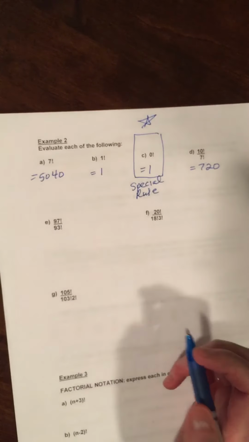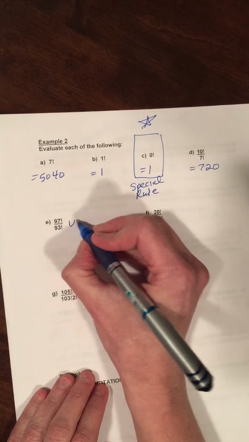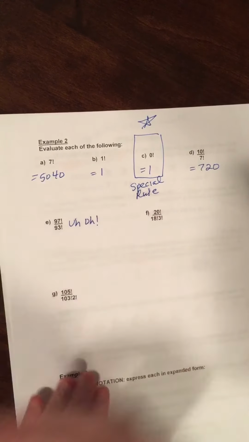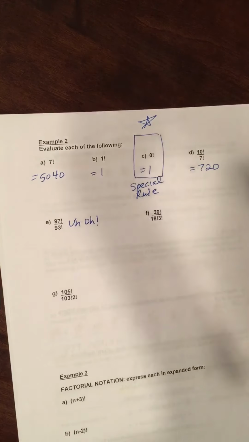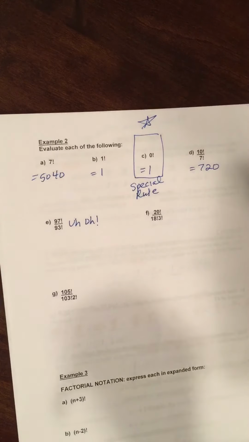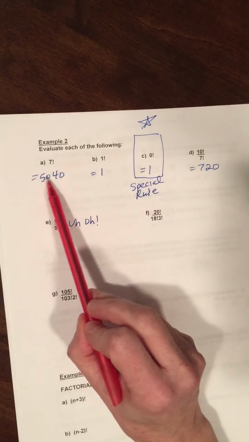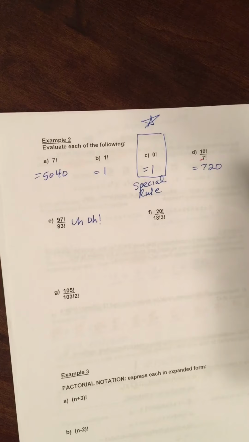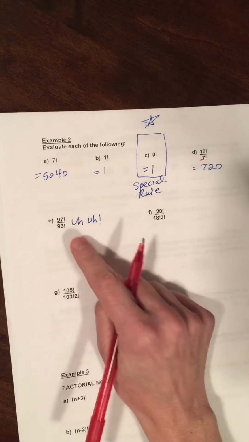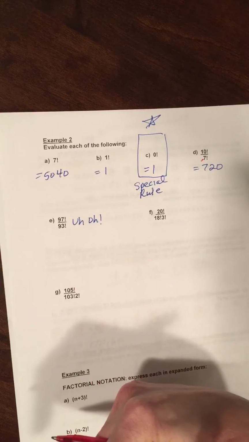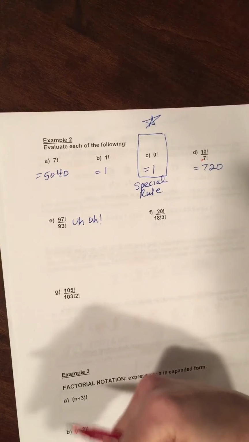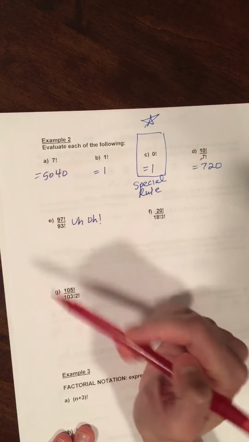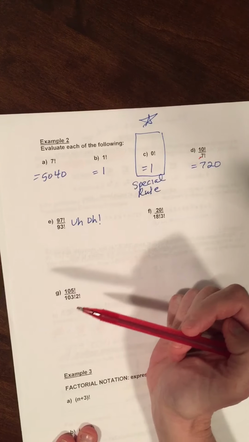Uh-oh. Okay, now what do we do? Well, here's the problem. Some of the factorial questions can be done directly from the calculator. No problem, you just saw 4 of them. Some of them we have to think back and use our long way, what 7 factorial actually means.